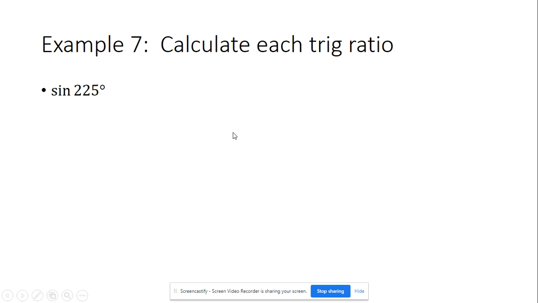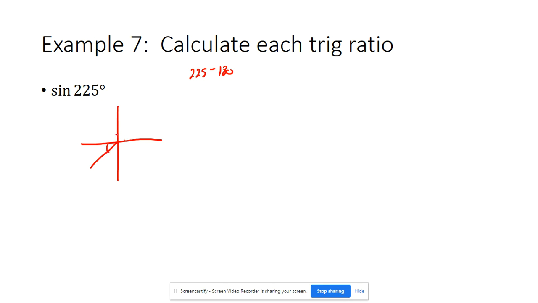All right, sine of 225 degrees. Similar to what we were doing before, we're going to first sketch 225 degrees. That is 180, 270, 225 is down here. Now, what I need to figure out here is what this reference angle is. This reference angle is going to be 225 minus 180, because I have 180 from here to here and 225 from here to here.